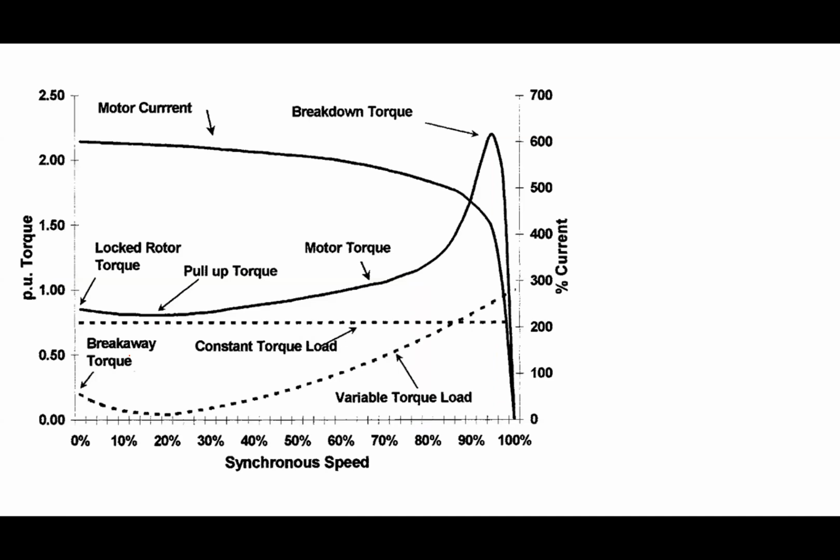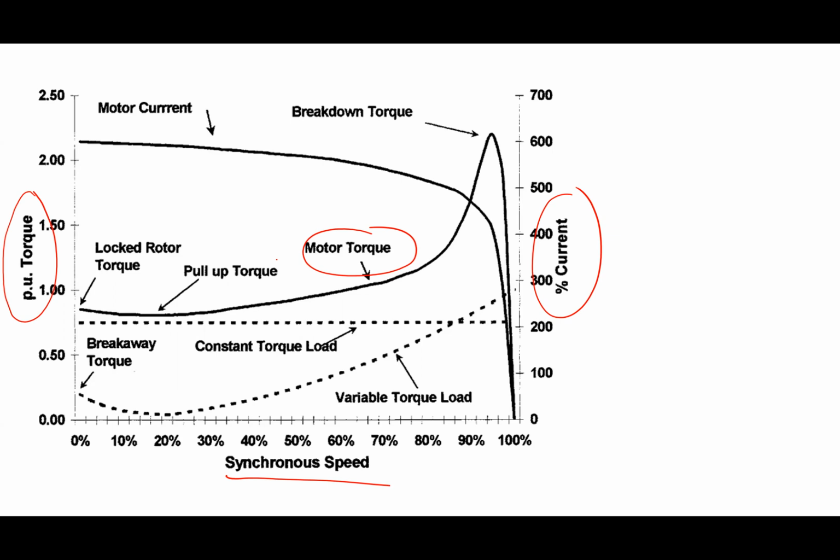Now, what I'll talk about is a couple of curves here. This is standard stuff. I plot the torque and the current versus speed. The torque curve is this one, in per unit torque.